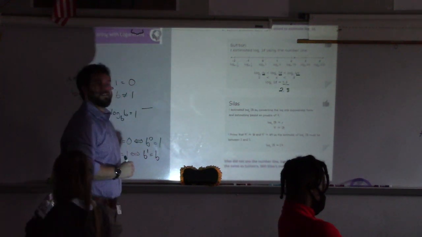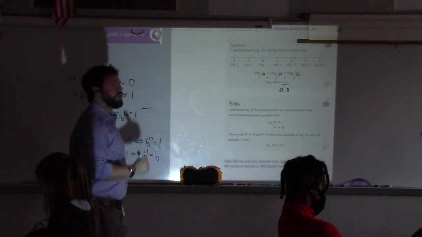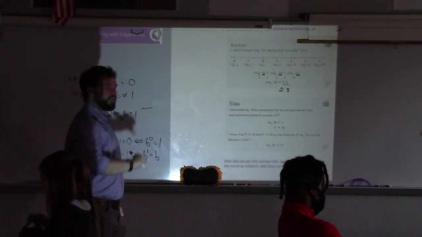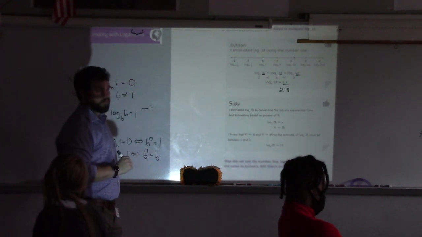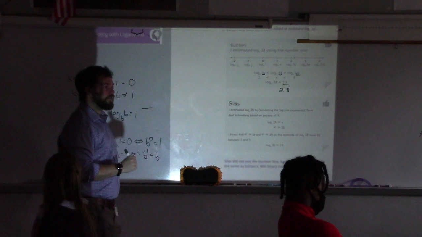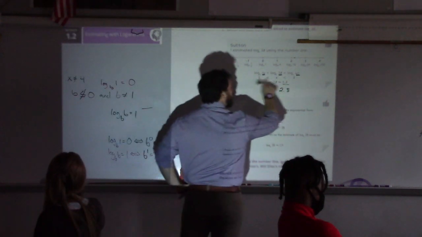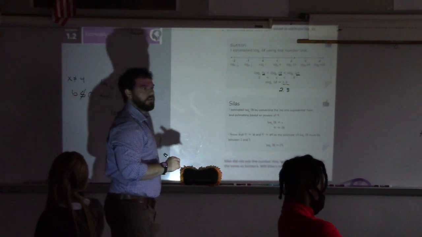That's what I'm asking. You're forgetting that the exponent is supposed to get us to the argument. What is 28 closer to? Oh, 28 is closer to 16 than what? 64. So the exponent needs to be closer to the 2 or to the 3? Closer to the 2, right?